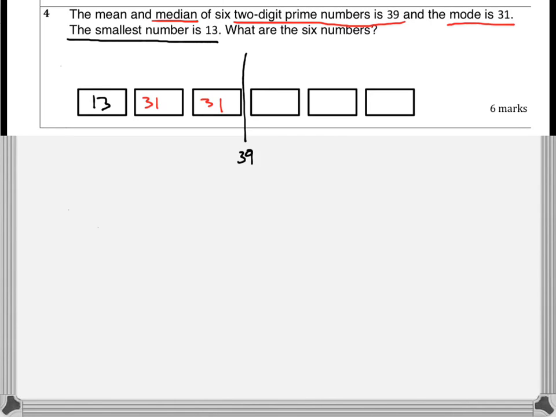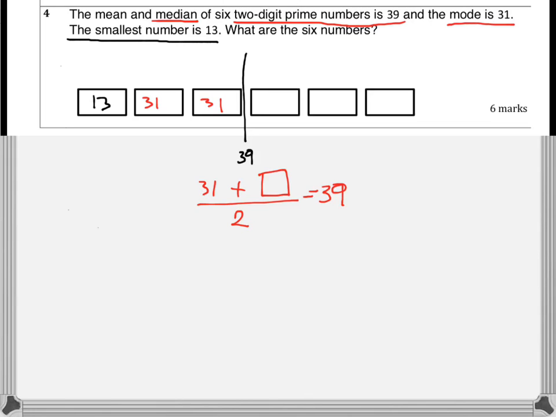Okay, and because the mode is 31, a 31 is smaller than 39, so that means 31 is going to appear to the left here, and there's only 2 spots available. So I'm going to say that the mode, which is the most common number, 31, is going to occur twice, there and there.